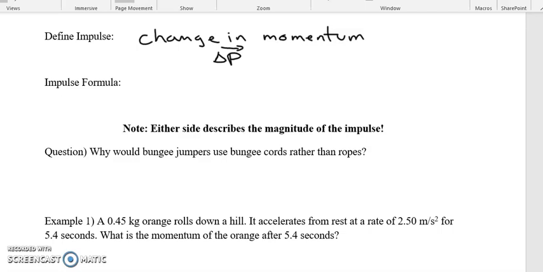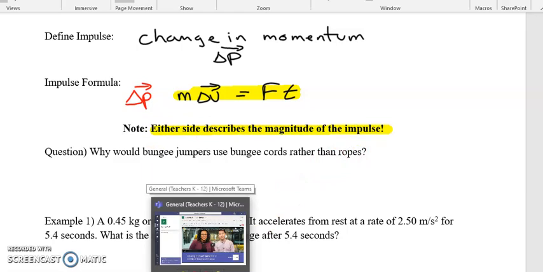The formula we've got for this is m delta v, which is the change in the velocity multiplied by the mass. It can also be equal to the force times time. Both of these are equal to the change in momentum, although this is the only thing that's actually on your formula sheet. Please note that either side describes the magnitude of the impulse, not just one side, but both sides are doing that.